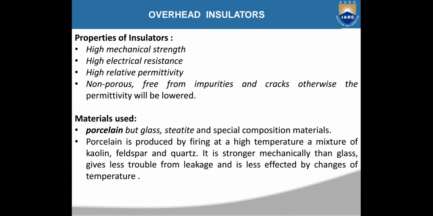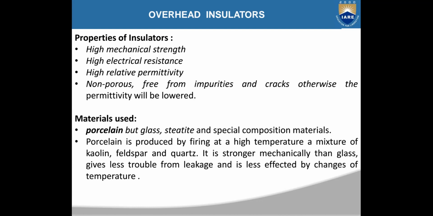When permittivity decreases, the withstandable voltage level of the insulator will decrease. So the insulator must be non-porous, and there should not be any cracks or impurities on the insulator. These are the properties of overhead insulators.